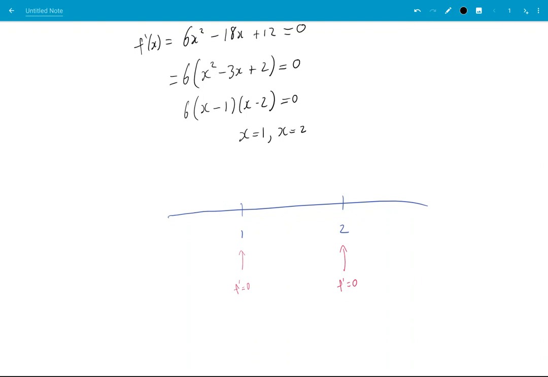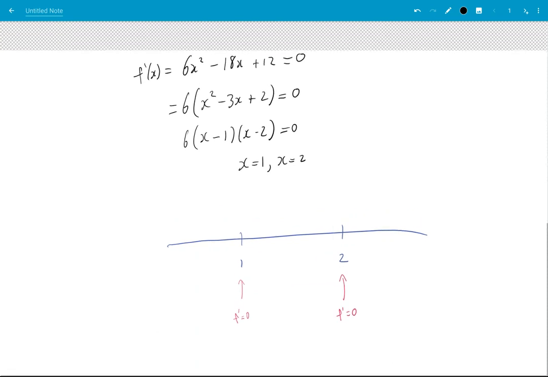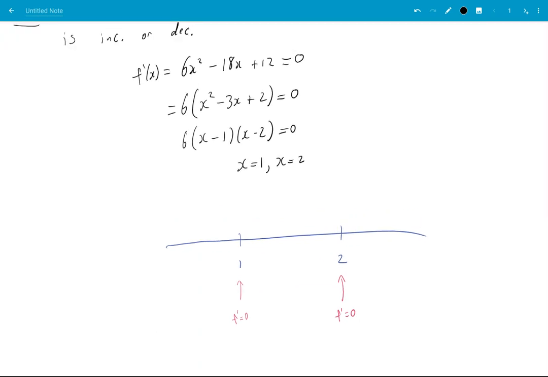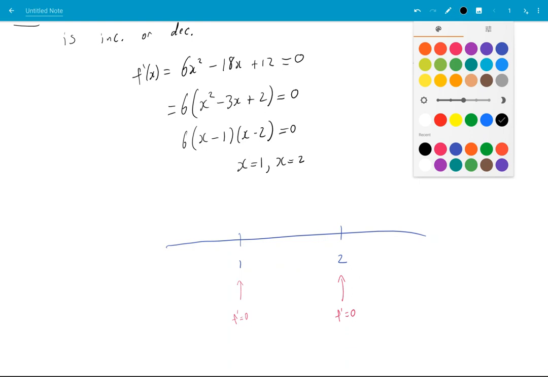So how about for numbers less than 1? I'm going to take f prime and plug in 0.